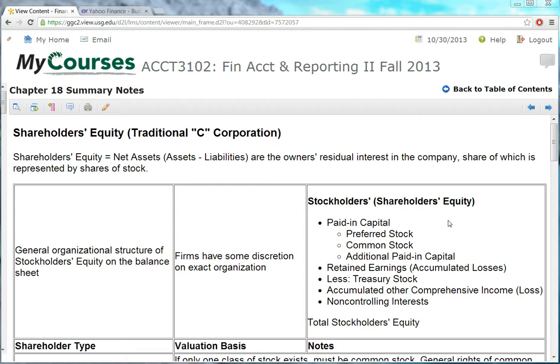And then non-controlling interest occurs when we have a controlling interest in a subsidiary, but not a 100% ownership interest in that subsidiary. So the non-controlling interest represents what is not being held by us or owned by us. And that is essentially the basic structure to shareholders' equity.